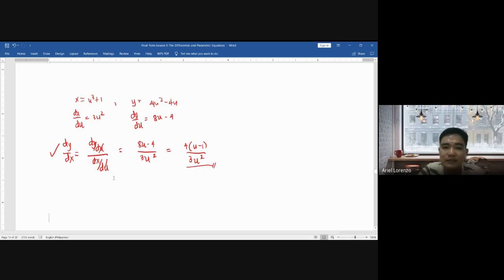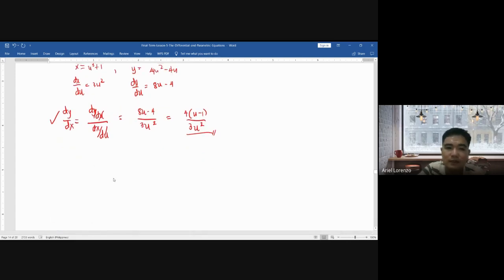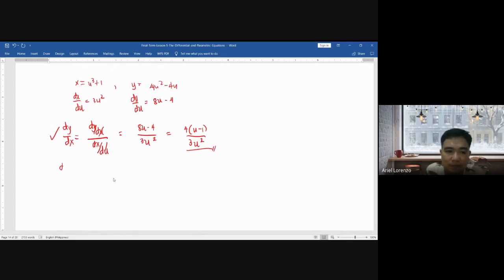For the second derivative, okay, ano mangyayari doon? d squared y over dx squared is equal to derivative ni dy all over dx. So yung na-solve na natin, 4u minus 1 all over 3u squared with respect to u. Kasi in terms of u siya. Ngayon, kailangan pa natin ng isang dx and dy.